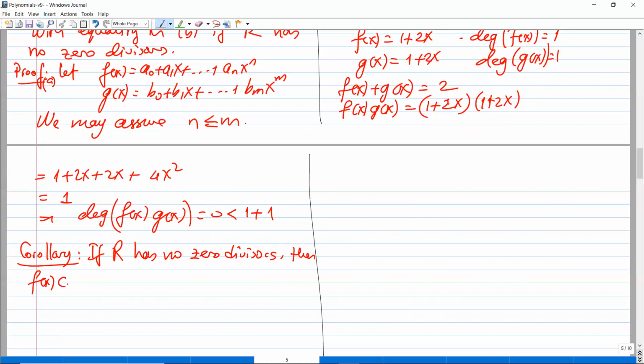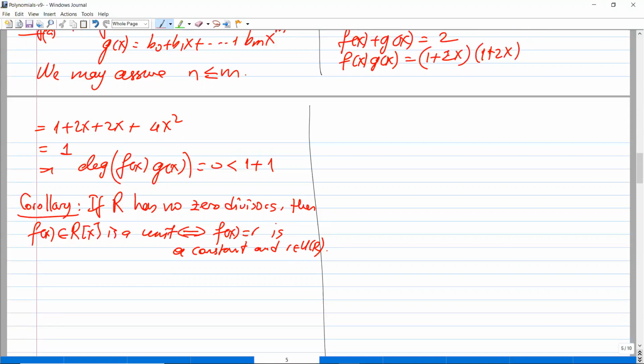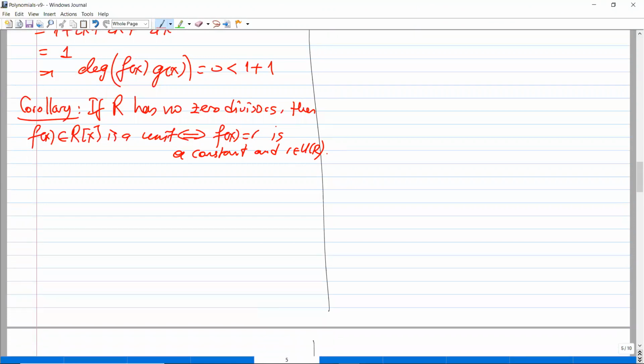So here we say that f(x) is a unit if and only if f is a constant, a non-zero constant, which is also a unit in R. We assume that R has identity, of course. R has 1 here.